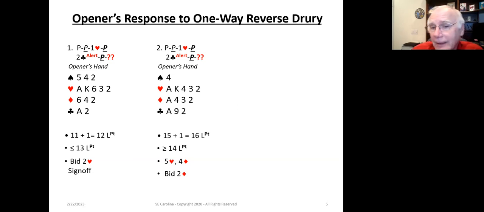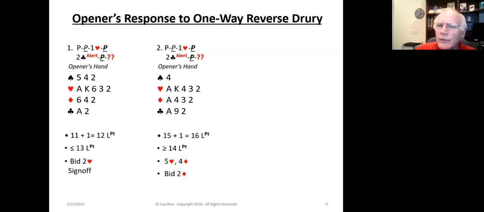So the process here is to continually describe your hand and make the description more and more exact. You can see that 2 diamonds gives you a huge amount of information. If you're the responder, you know your partner's got 5 hearts. You know you've already told them that you've got 3, so you've got a golden fit, and now you know they've got at least 4 to 5 diamonds.